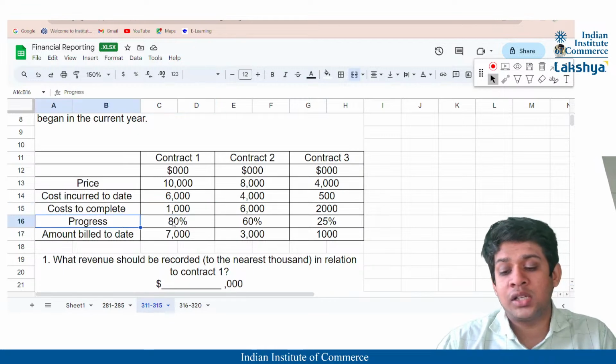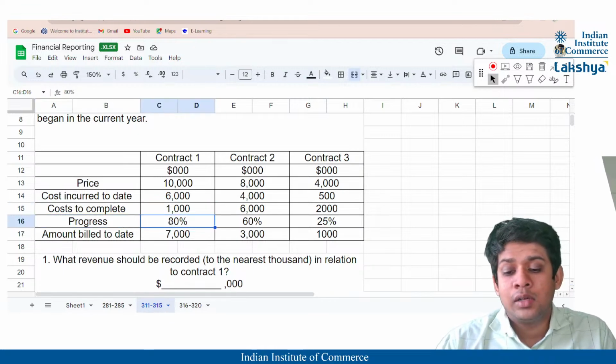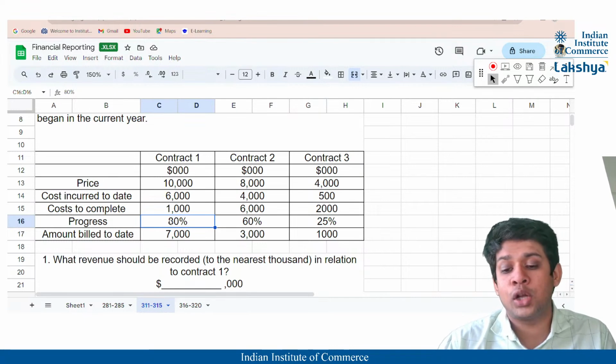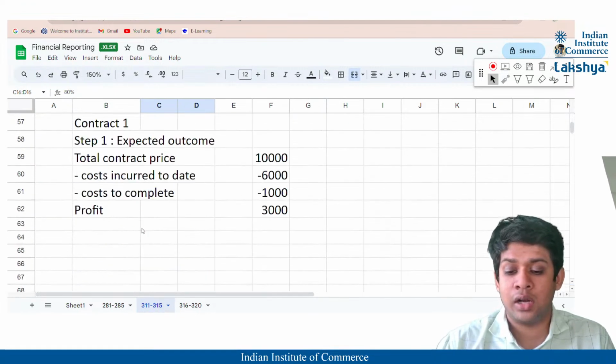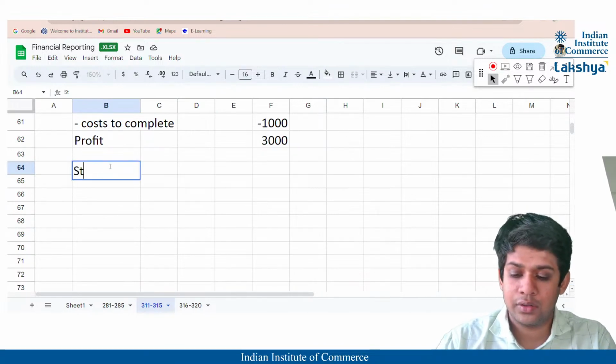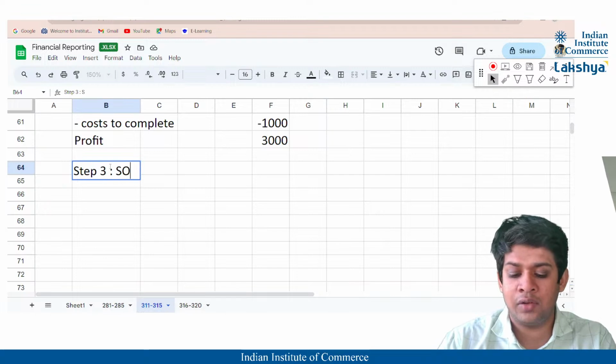Now the progress percentage we would have calculated, but they have not mentioned whether we are supposed to use the input or the output method. But obviously they have given us the progress percentage directly. So we can take that into consideration. So for our step 3, we jump directly because our step 2, the progress percentage, is already given to us.